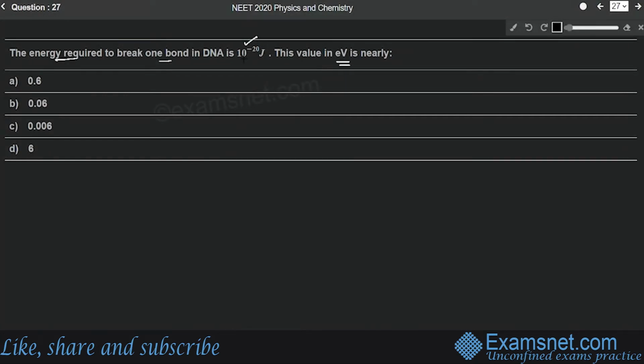Okay, so here we simply need the relation between electron volt and joule. So remember that 1 electron volt is equal to 1.6 into 10 to the power minus 19 joule. Okay, so we can write that 1 joule is equal to 1 divided by 1.6 into 10 to the power minus 19 electron volt, isn't it?